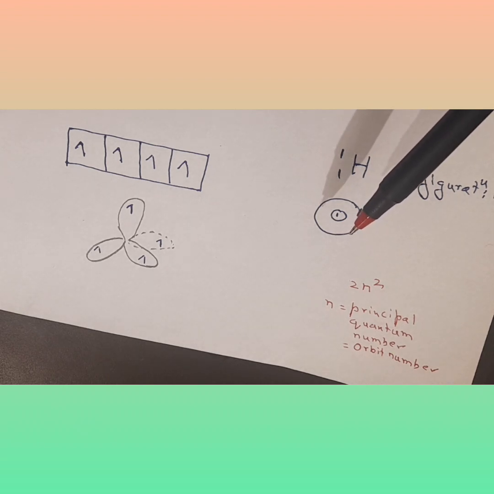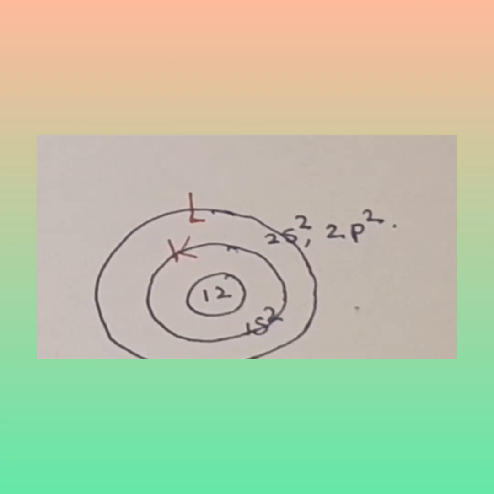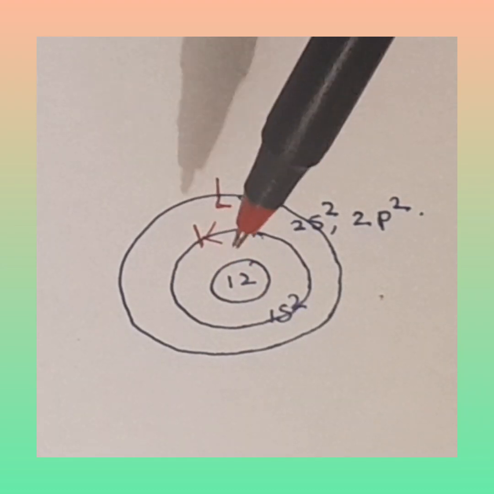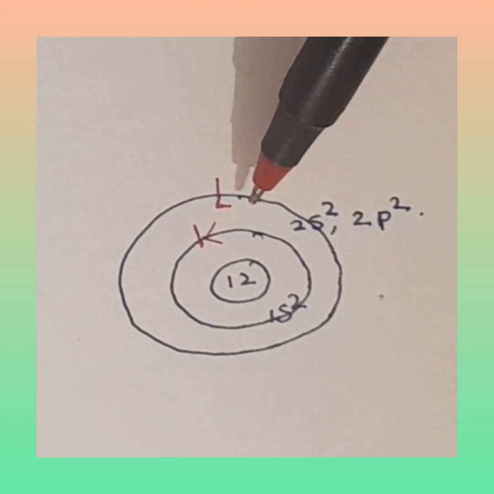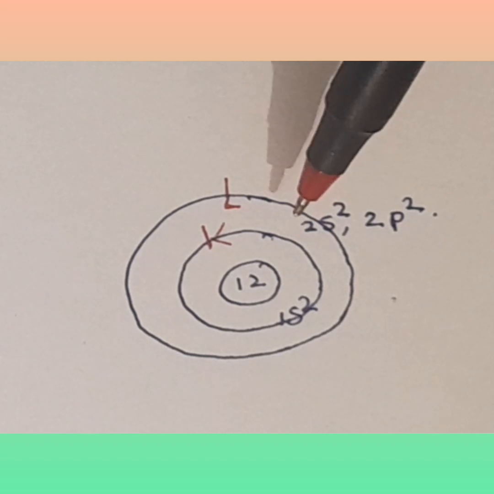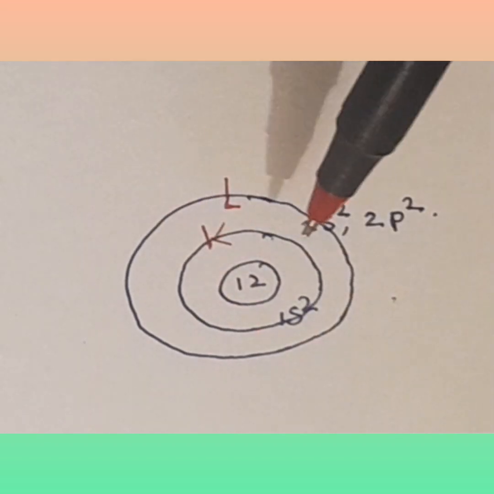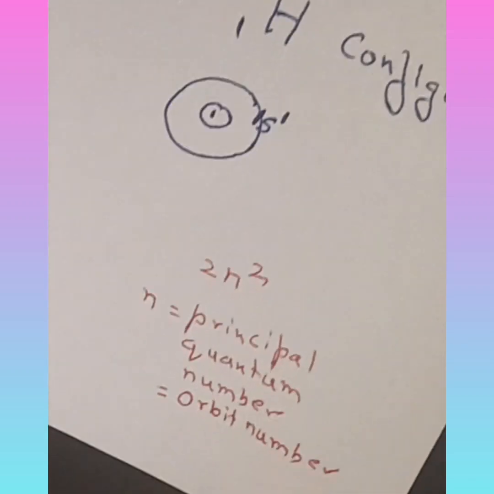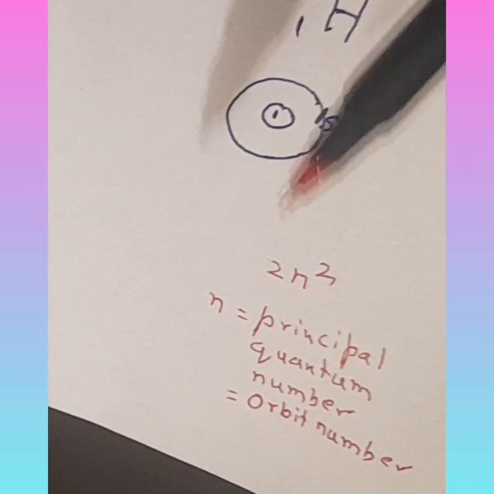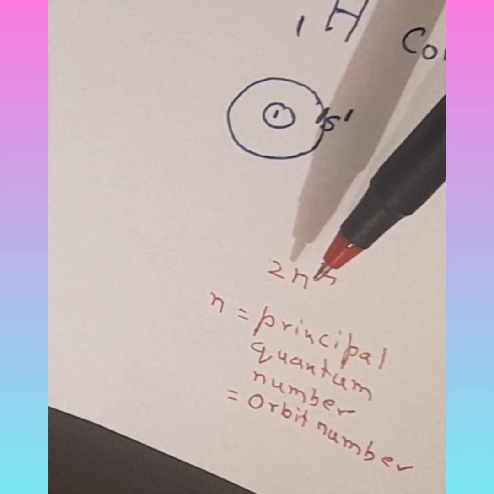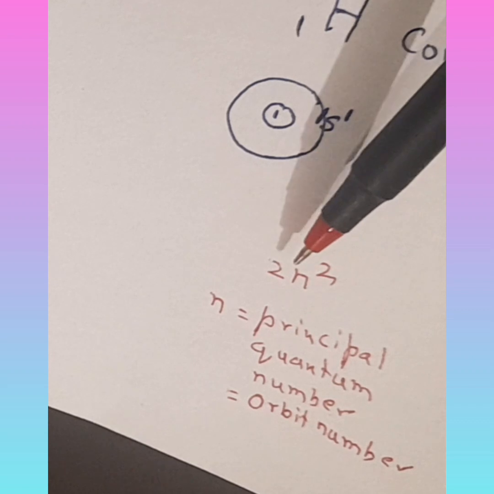Whereas the situation with carbon is, let's understand. We had seen the carbon structure over here. In carbon, it is the second orbit which is the valence shell. Let's understand how many electrons are required to satisfy carbon in its valence shell. As per the formula 2n square, n is 2, so 2 square is 4, 4 into 2 is 8.